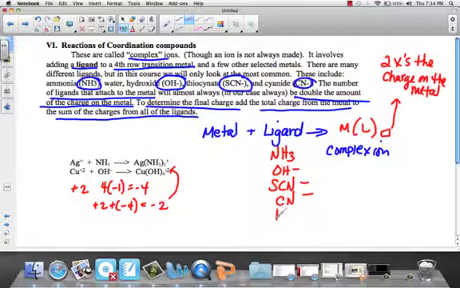Sometimes you'll also see water in there. Again, we'll be working with some of these. This is something new, and it just takes time getting used to.